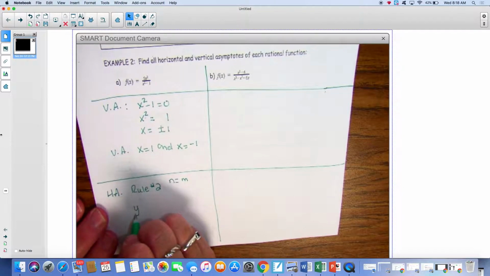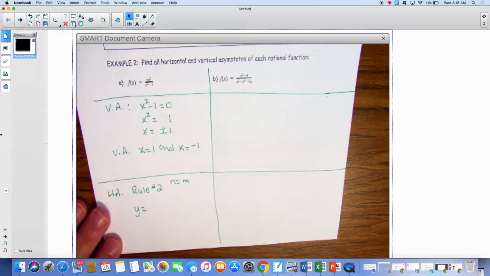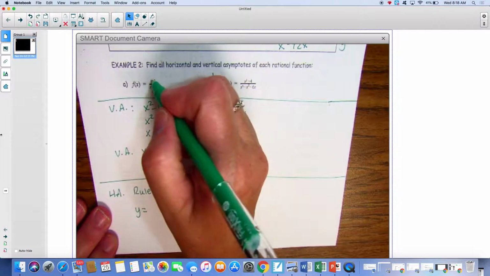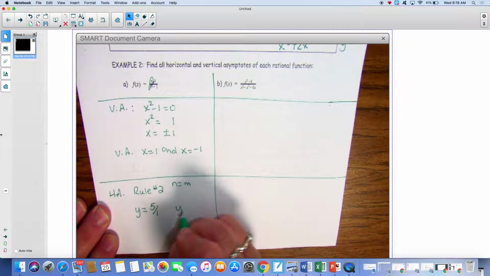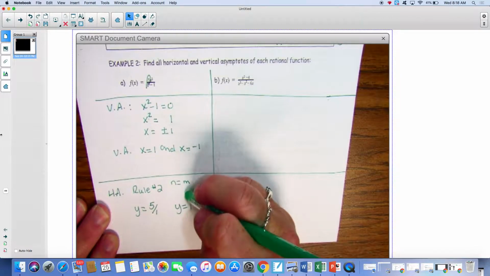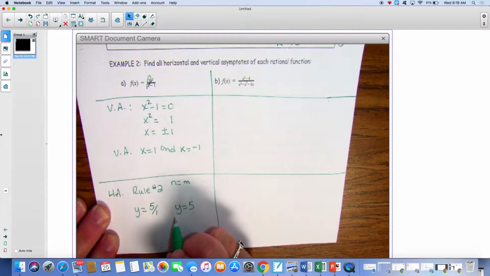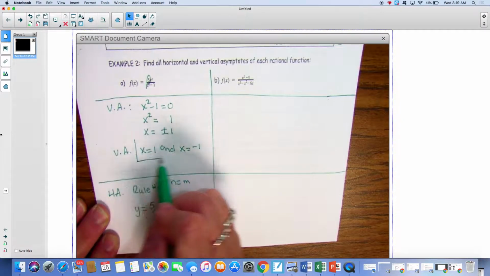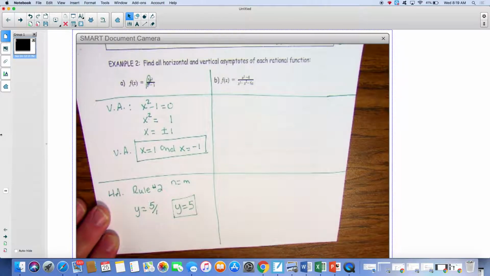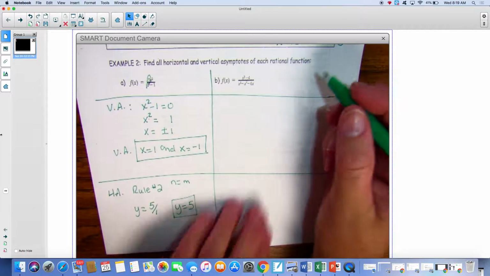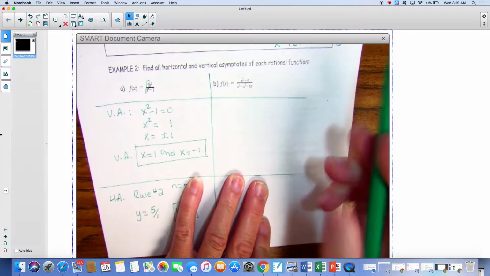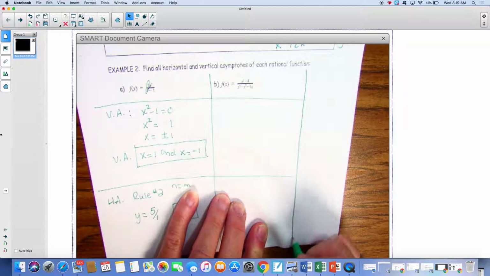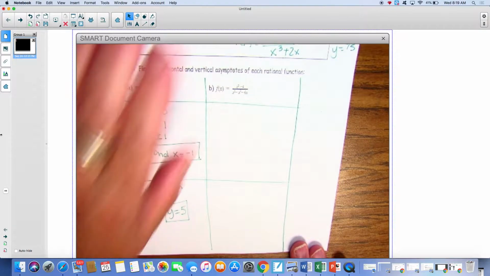So it's going to be at y equals, what are your leading coefficients? 5 and 1. So at y equals 5. Questions there?